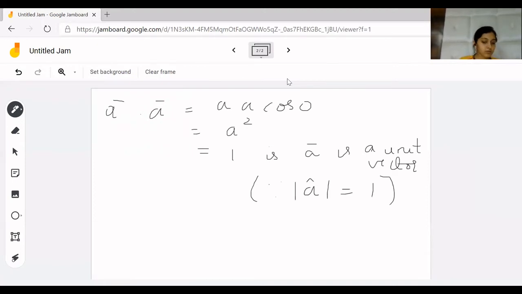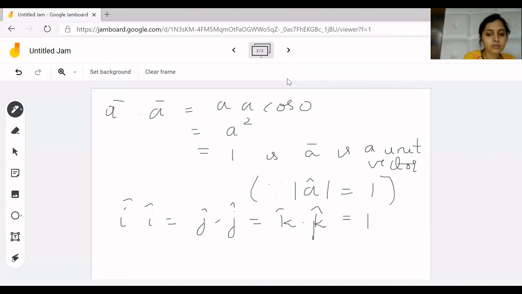So since that is 1, what can we write about i dot i? It will be equal to j dot j, equal to k dot k, because these are all unit vectors along the axes. So the answer would be 1.